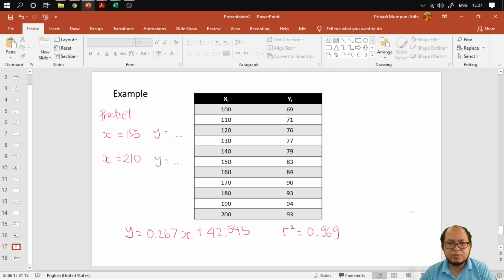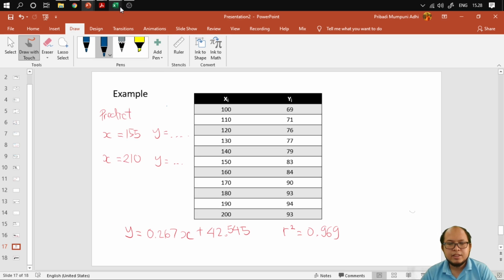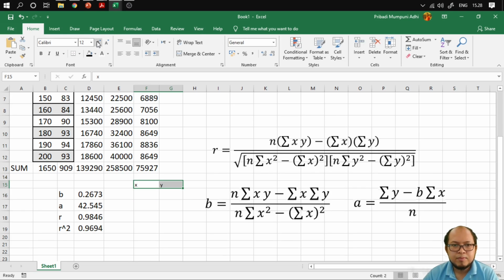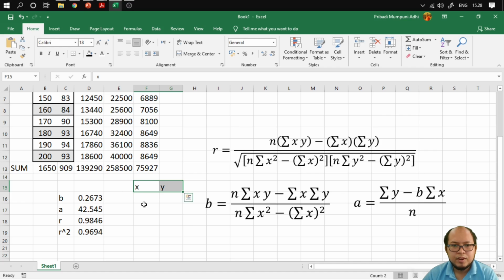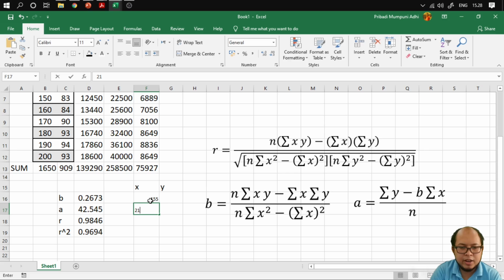So if we want to find the y when x is equal to 155, okay, let's go again, 155. So this is the x value and the y value. So the x values are 155 and 210.